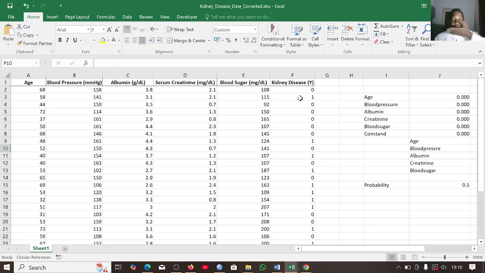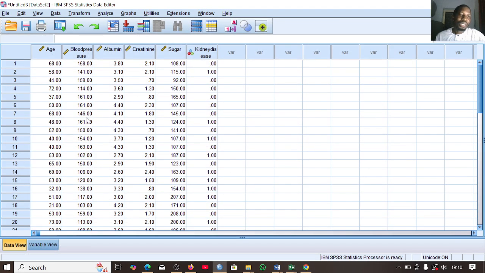Now I'll take this into SPSS. I have already done that, so these are the data. I'm not going to repeat the process of bringing data into SPSS because I did that in earlier videos.